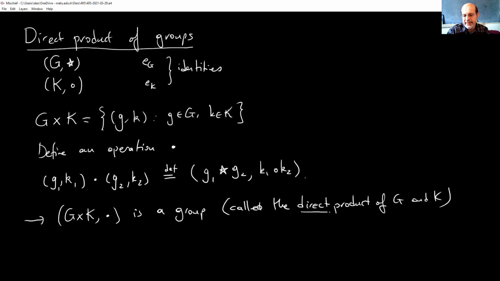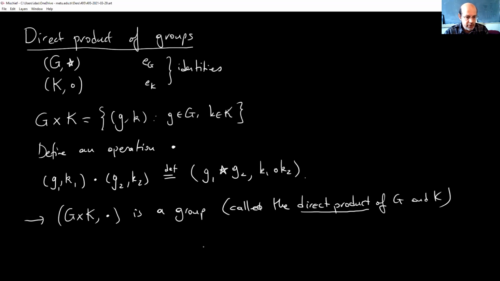Why do we call it the direct product? There's also a subtle concept called the indirect product, which has nothing to do with us. Well, at least it is too complicated for us.